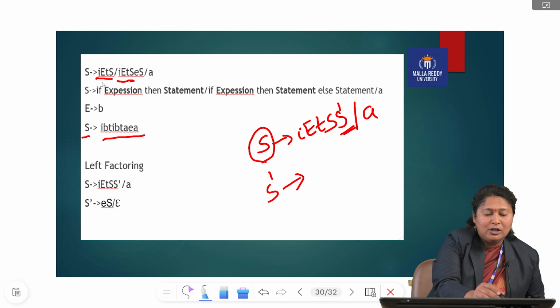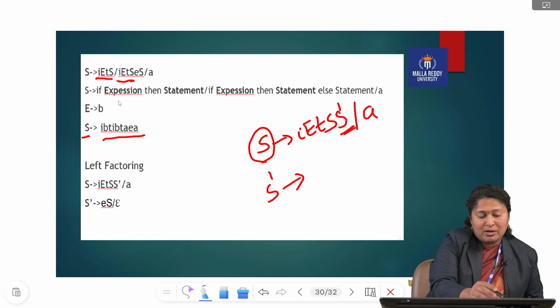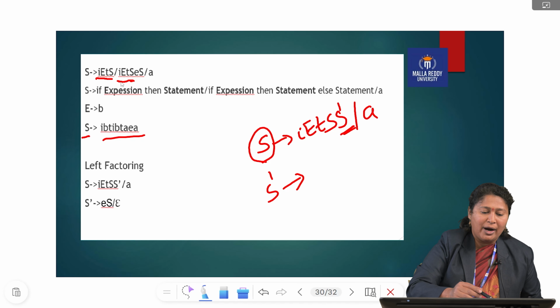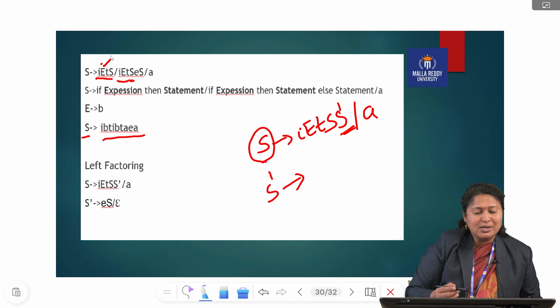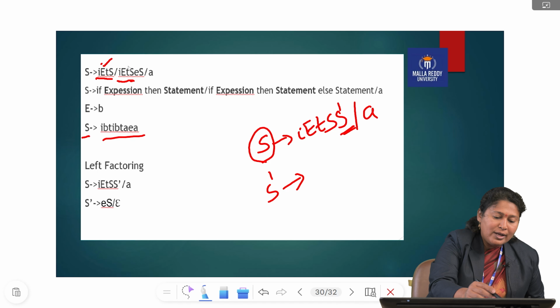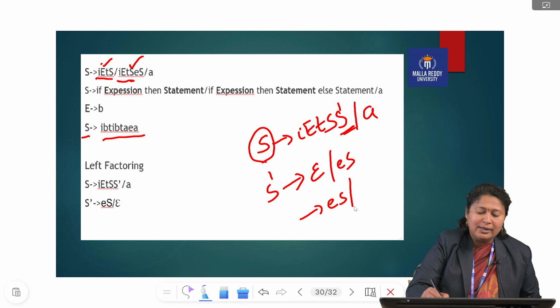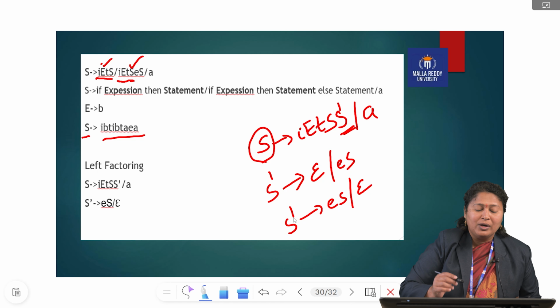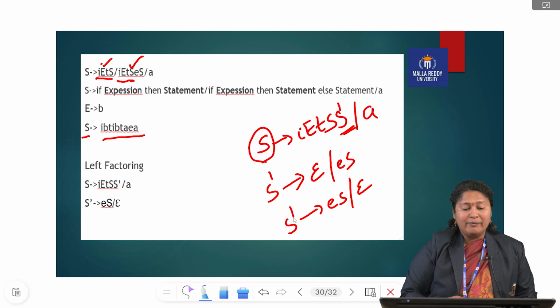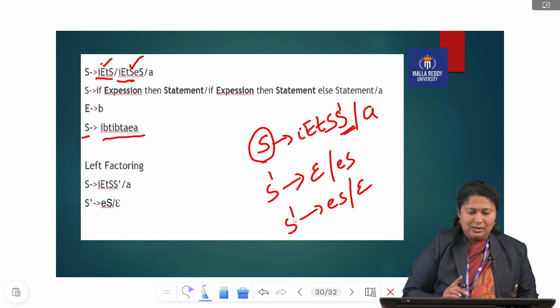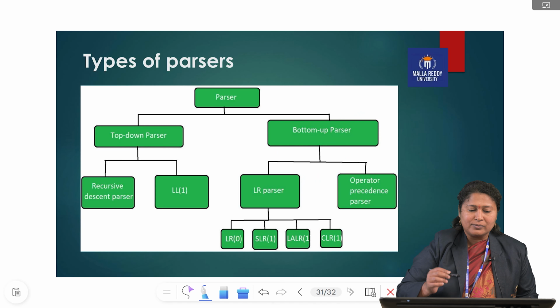I should write the terminals or statements which come after this repetition part. What is there after this? Nothing, so I will add an epsilon. What is there after this? eS. So S complement tends to eS or epsilon. Everything is set. In this way, we have left factored the given grammar in order to avoid confusion.